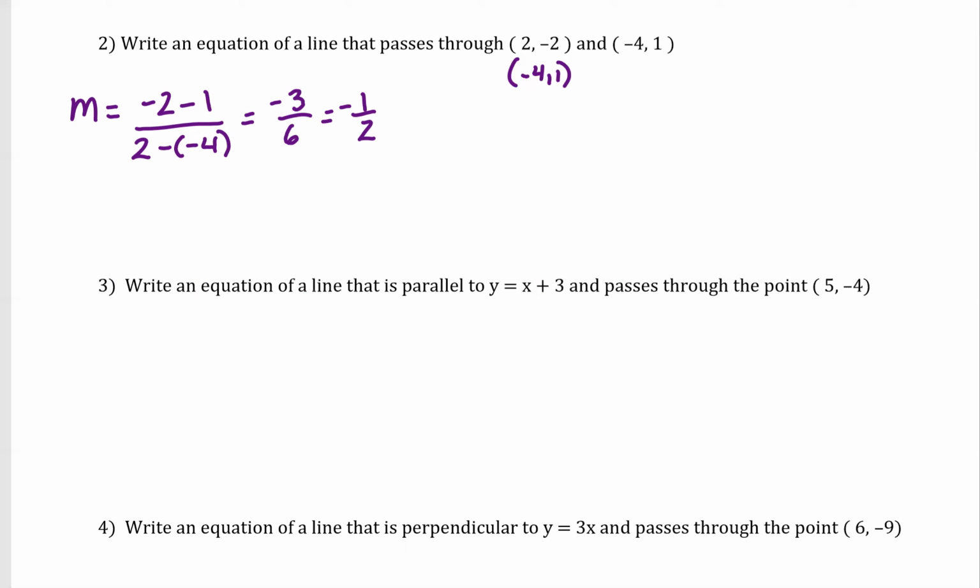Just so that my work makes a little more sense, I'm going to use negative 4, 1, because I'm afraid if I use the other point, which both has 2's in it, it would be harder to follow. So if I use point slope, I would have y minus 1 is equal to negative 1/2 times x minus negative 4.